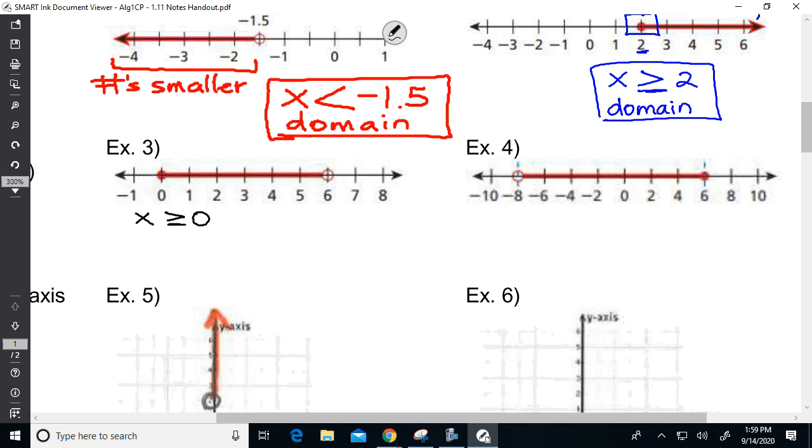So if I start from 6, then it's less than 6. So since I have two numbers, I have two parts, and both of those are my answers. x is greater than or equal to 0, and x is less than 6. So I have both answers.